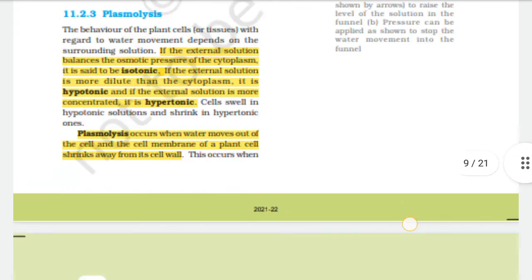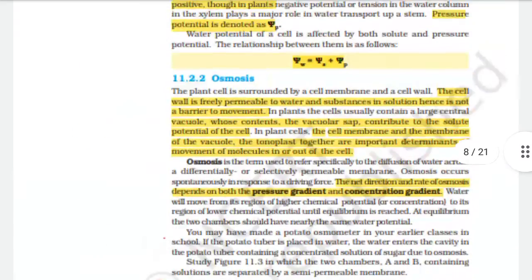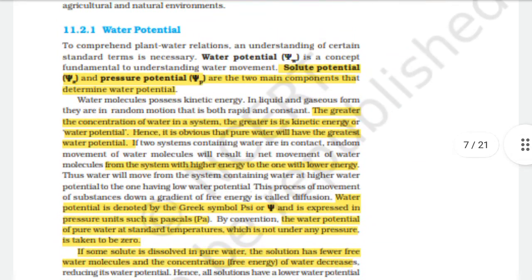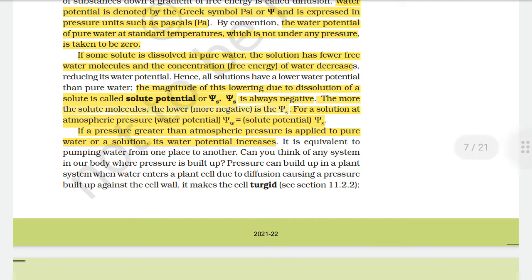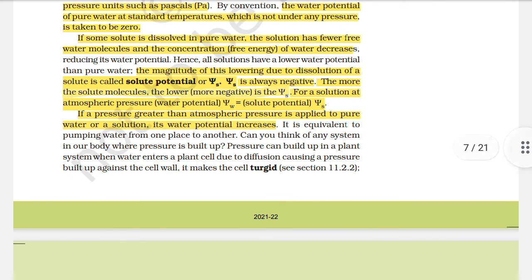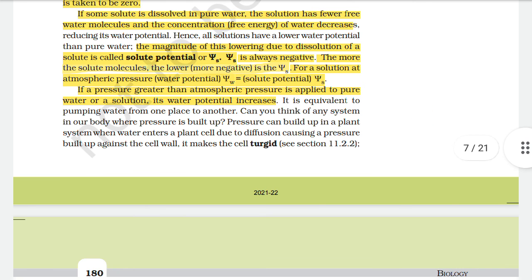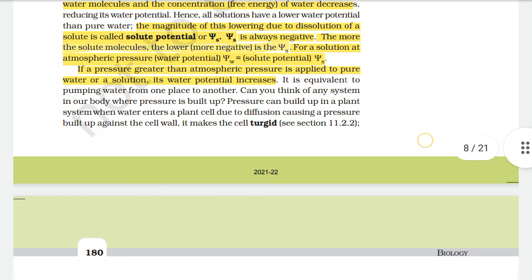I think you have understood. If some solute is dissolved in pure water, then the water potential gets decreased. Why? Because solute potential is negative and pressure potential is positive. So if we add solute, then the water potential decreases. The magnitude of this lowering due to the dissolution of solute is known as solute potential.